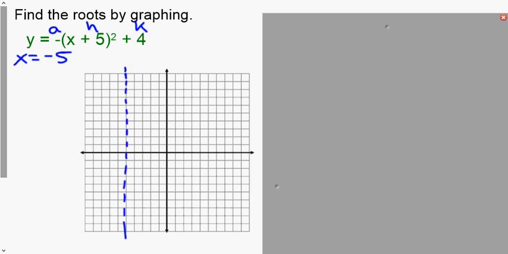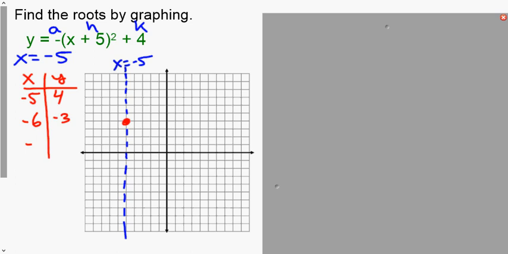Draw and label our AOS. Our vertex we know is h, k. So we're going to do our XY table. We know it's going to be h, k, so -5, 4 automatically. And again, you can plug in points. You can use your XY table. I'm going to go -7, or I'm sorry, -6. When you plug it in, you get -3.